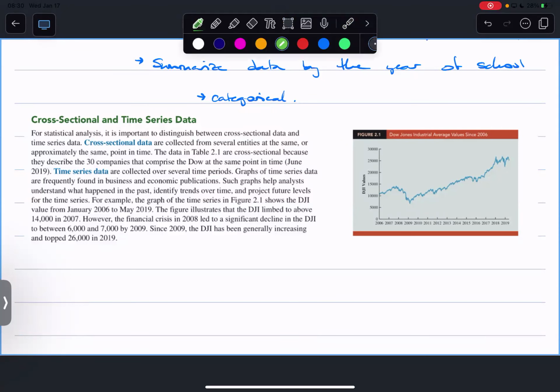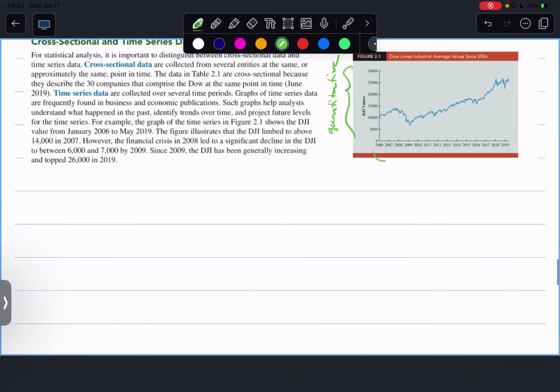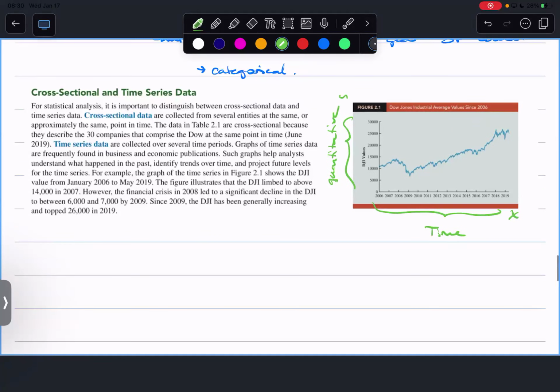I guess it is possible to have a categorical variable, but it wouldn't be very telling. So this is some quantitative variable, and then we have time on the x-axis. This is what we call a time series.